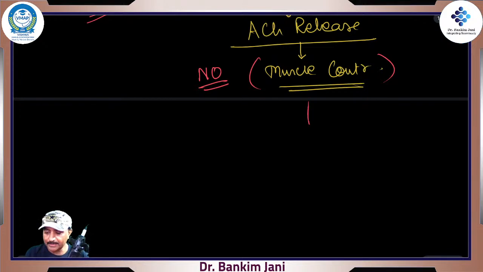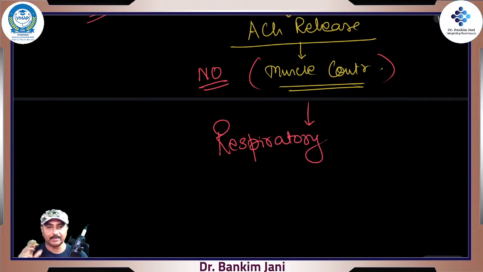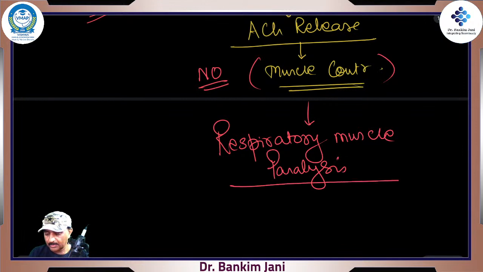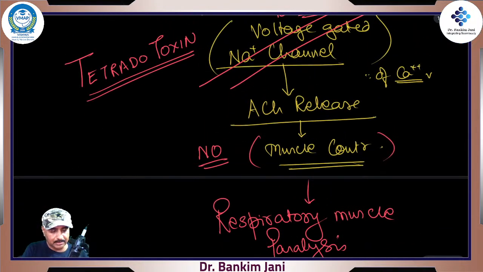This leads to respiratory muscle paralysis, because for respiration we require the muscles. It is said that in spite of the presence of air, the person dies of suffocation, because the respiratory muscles are needed to take the air in. This is a fatal toxin, a fatal poison.